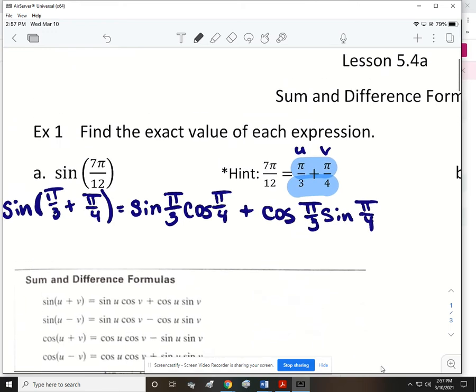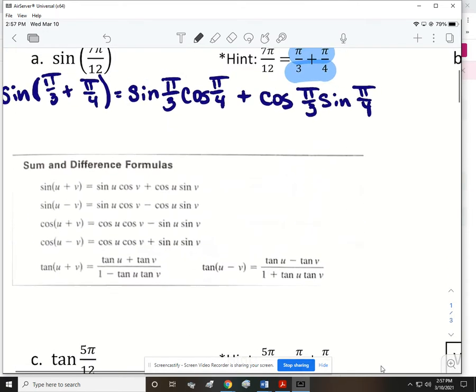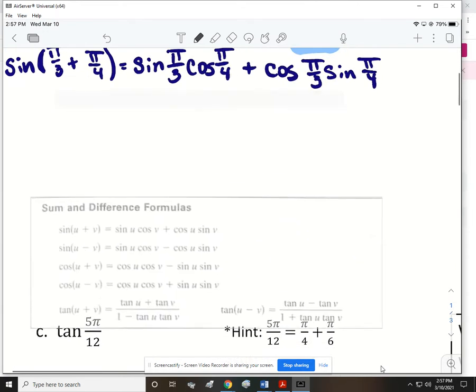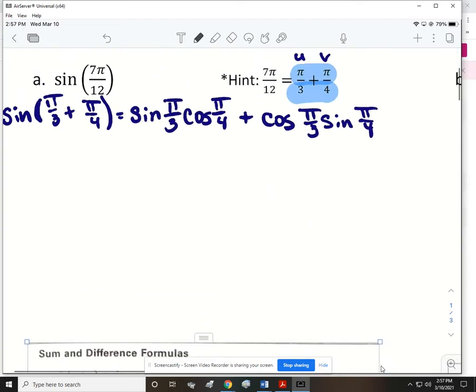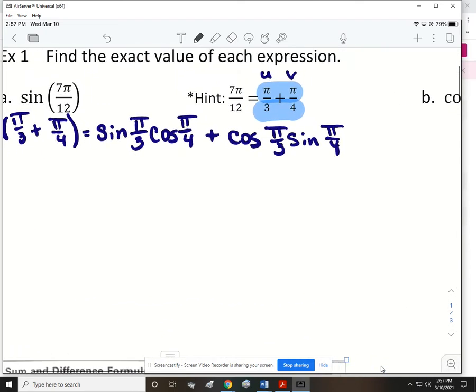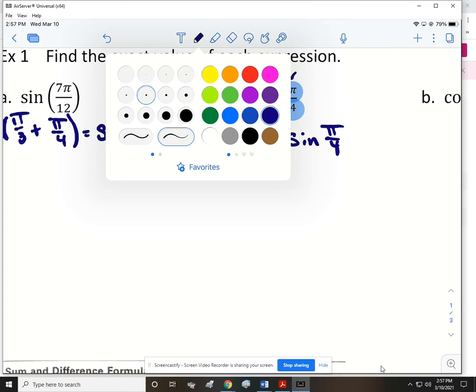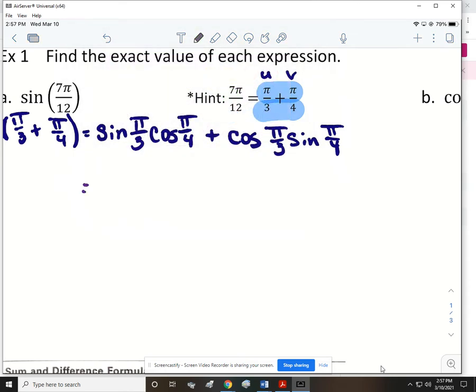All right, and then we're not going to need that formula anymore, so I'm just going to move it out of the way real quick. All right, now sine of pi over 3, we can use our hand trick to find. And then same thing for cosine of pi over 4, and then the cosine of pi over 3 and the sine of pi over 4. So we use our pi over 3 finger, and when we do the sine, we're going to do the square root of the bottom fingers over 2.